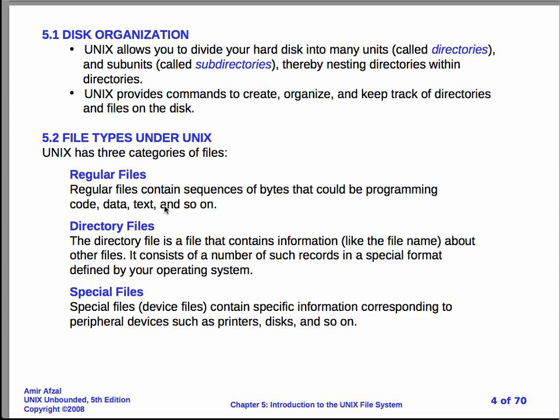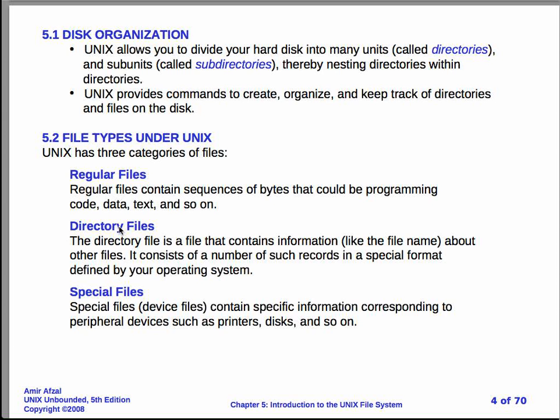A regular file contains a sequence of bytes that could be, for example, code like a C program or a shell script, or data that you have to analyze, or a text file, things like that, PDFs. Those are all regular files. So a Word document would be a regular file, so would a text file, or a PDF or a movie file.